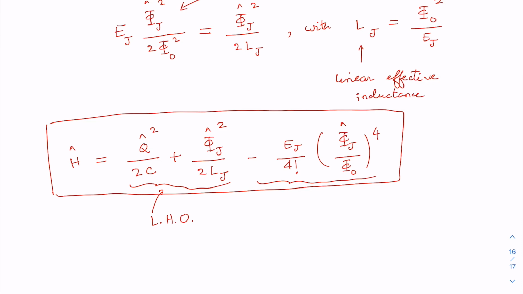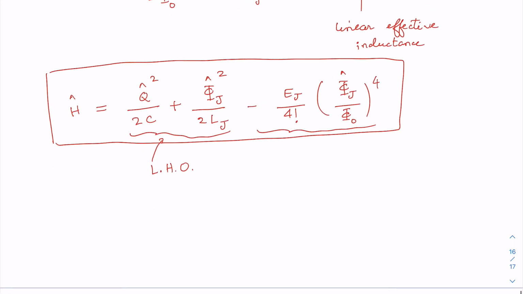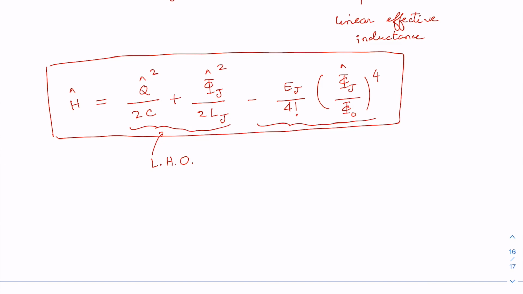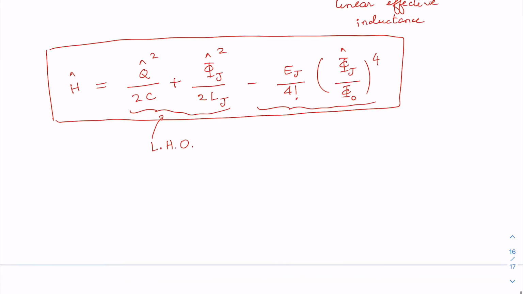Now we can borrow our mathematical apparatus of creation and annihilation operators from our knowledge of the quantized harmonic oscillator, and in analogy with the mechanical harmonic oscillator, we can see here that the magnetic flux phi j plays the role of coordinate.